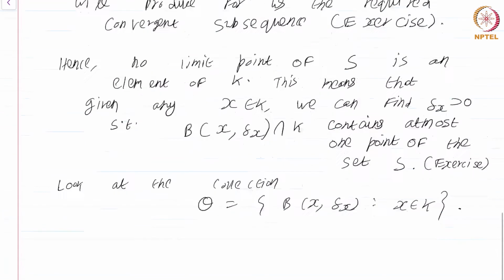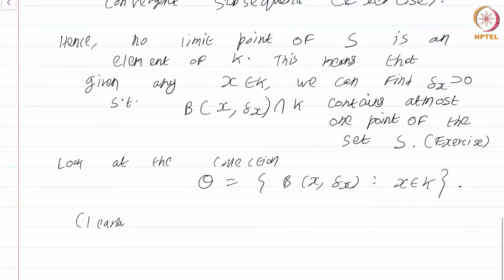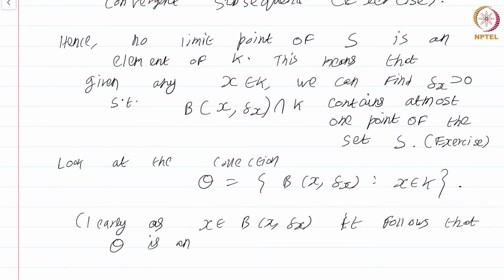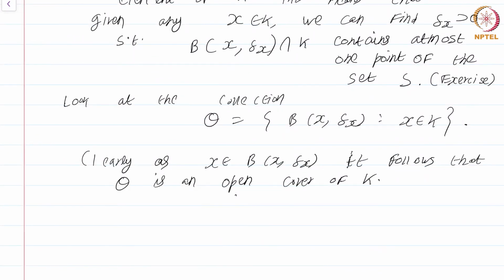Okay? Clearly, as X is an element of Bx delta X, it is no shock that it follows that O is an open cover of K. By hypothesis, O has a finite subcover.